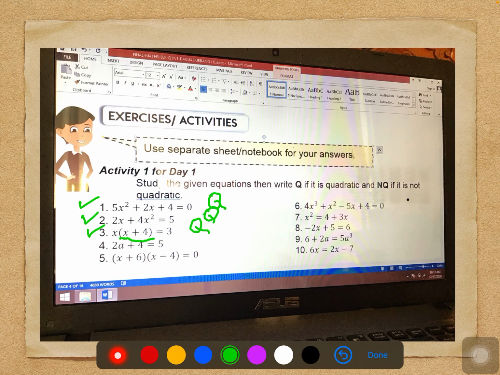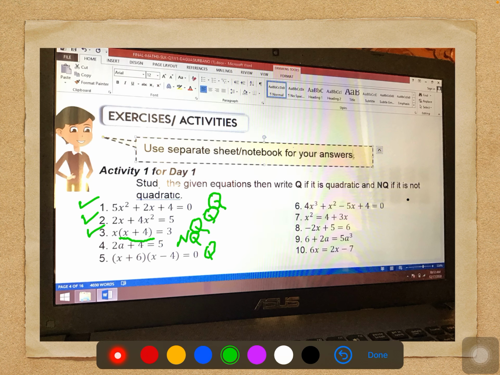For number 4, there's no way that you can simplify to come up with a second degree term. That's why it is not quadratic. For number 5, it is the same as number 3. That's why it is quadratic. For number 6, all right.